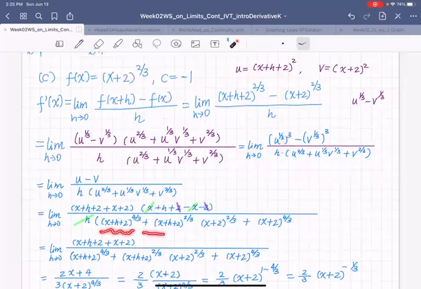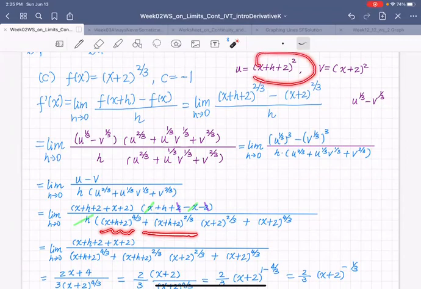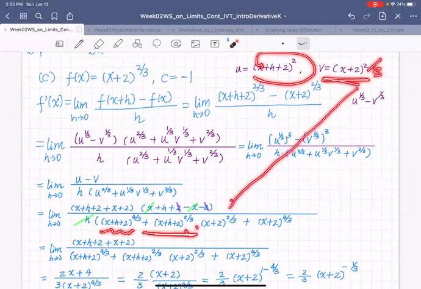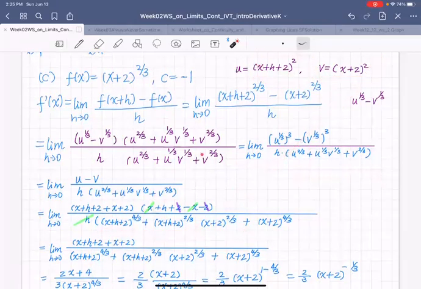And then plus that guy, which is that guy to the power 1/3, and then times that guy to the power 1/3. And then plus v to the power of 2/3, which is that guy to the power of 4/3. Okay.